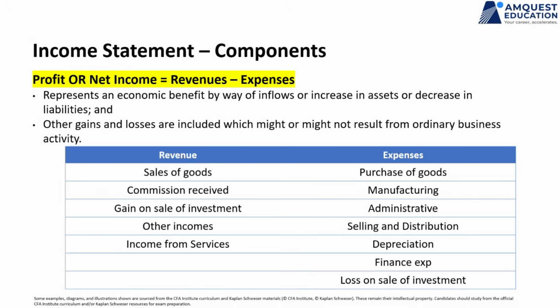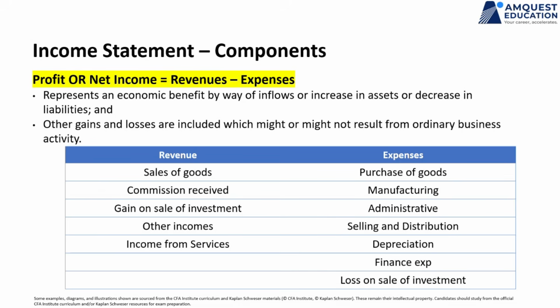Other gains and losses are included, which might or might not result from ordinary business activities. For example, you have a foreign exchange related loss. Now, foreign exchange related loss is not your business related loss. That is a one-time loss that you have. You were trying to hedge something and hedging went wrong. So other gains, other losses is not something which we are too bothered about.